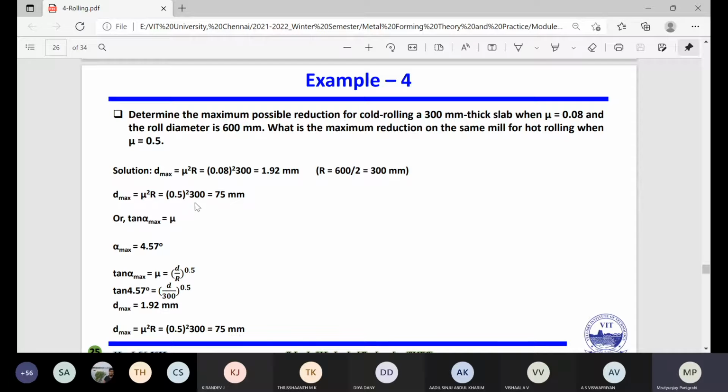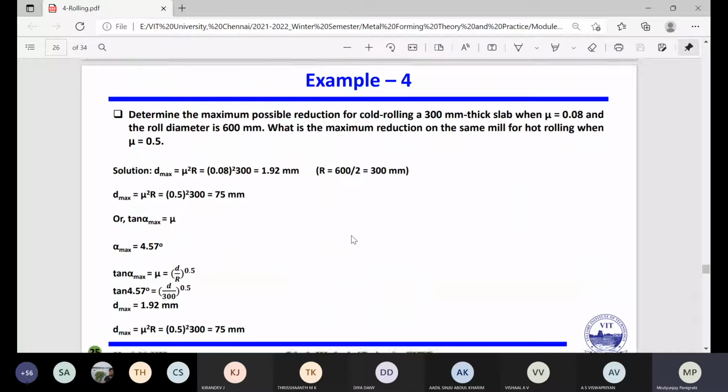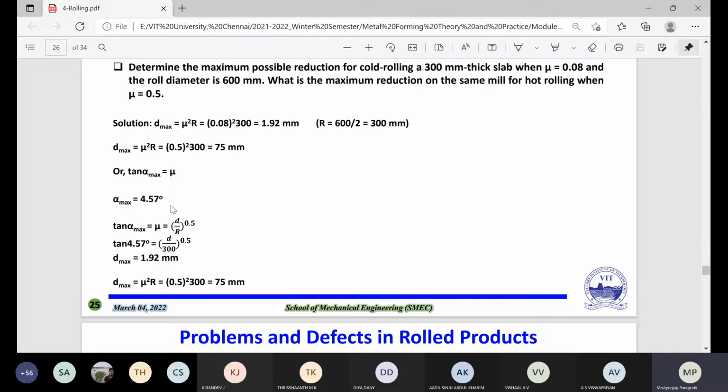So this is one part. If you do it the other way, based on the angle of contact, we can make tan alpha max equal to mu, from the equations we derived just now. Then alpha max you find from here, because mu is 0.08, the initial mu. So alpha max equals 4.57 degrees. The tan alpha max equals mu equals D by R to the power half.